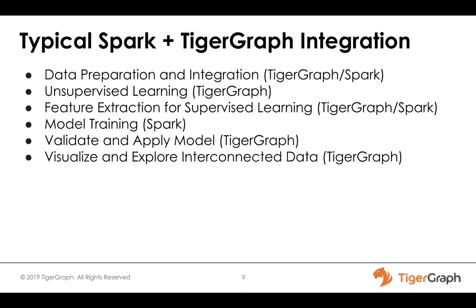And the next part is you can use TigerGraph to validate and apply the machine learning model. And the last part, you can use TigerGraph to visualize and explore the interconnected data. As I mentioned earlier, TigerGraph has the visual SDK. You can use our tools to look at the relationships and investigate the data.